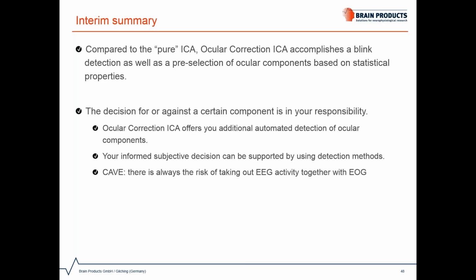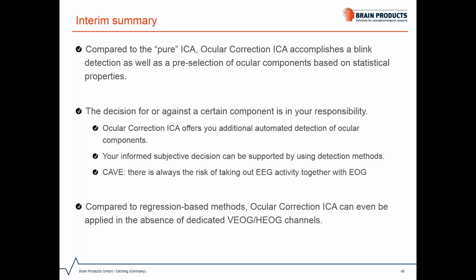However, as in the normal ICA, the decision is in the end yours and it needs to be made responsibly. Especially the possibility that an EOG component might also contain real EEG activity needs to be ruled out by careful assessment. So it's still a subjective decision, but you can support it by using the detection algorithms.